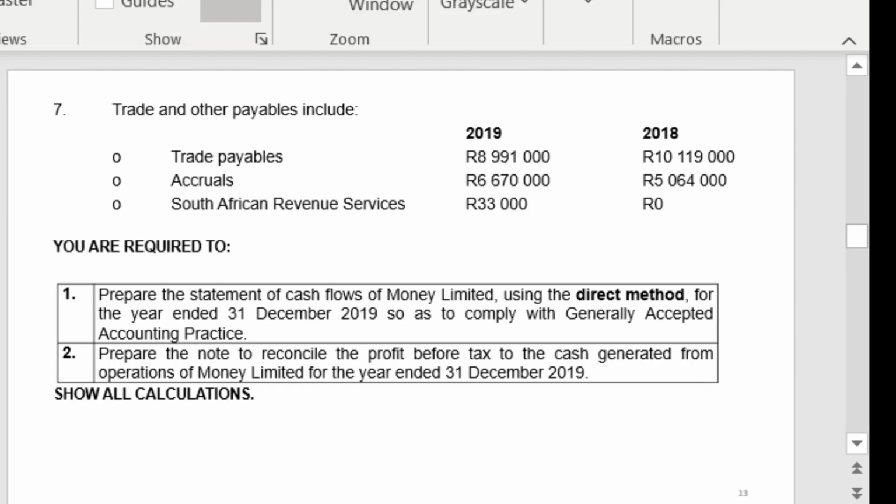We know what the components of cash flow are by now. You need to disclose cash flow from operating activities, cash flow from investing activities, and cash flow from financing activities.